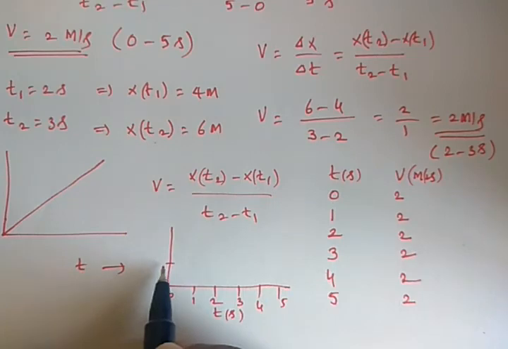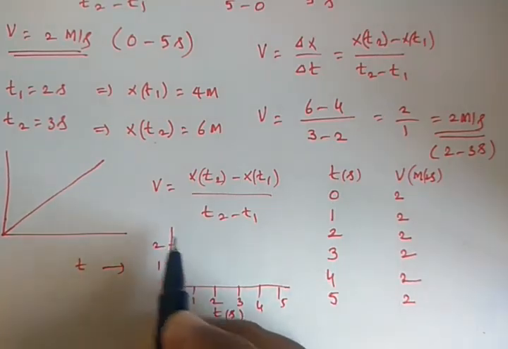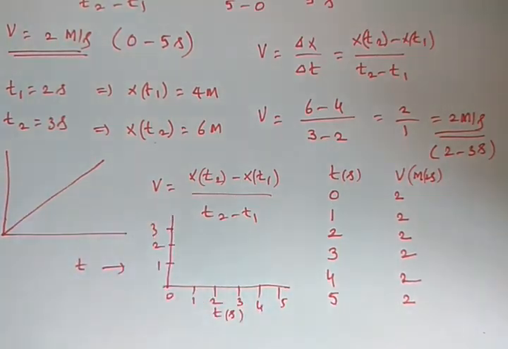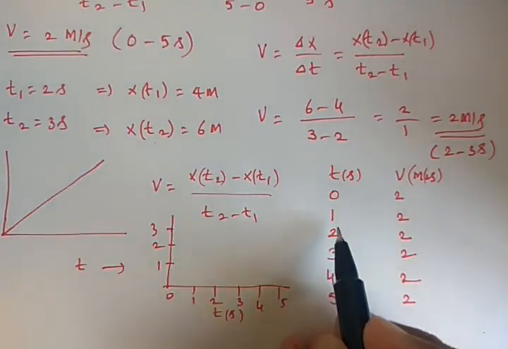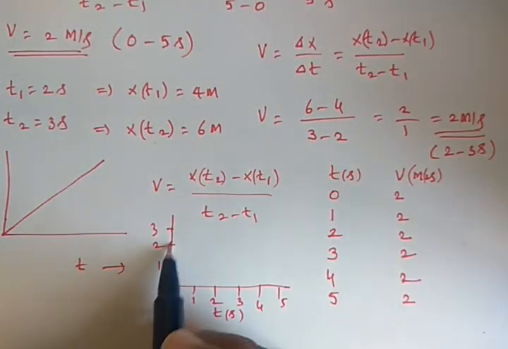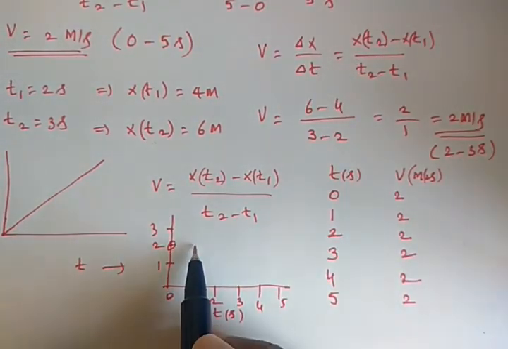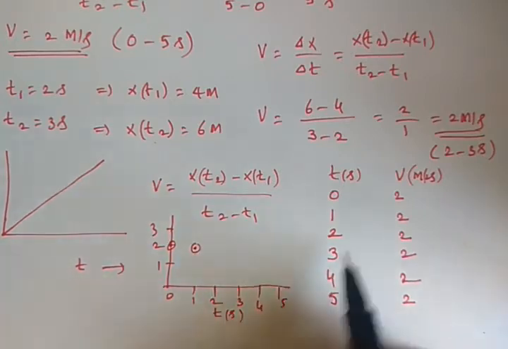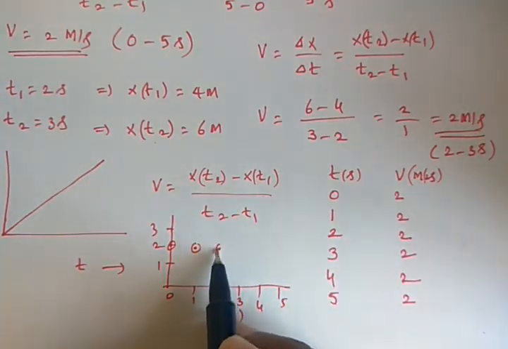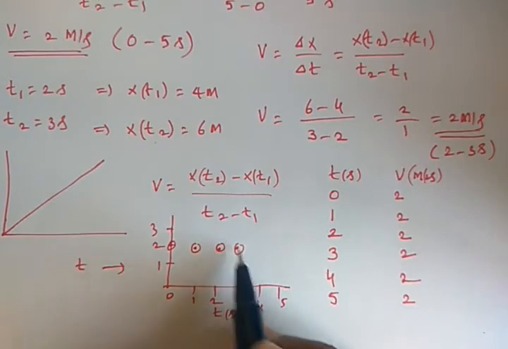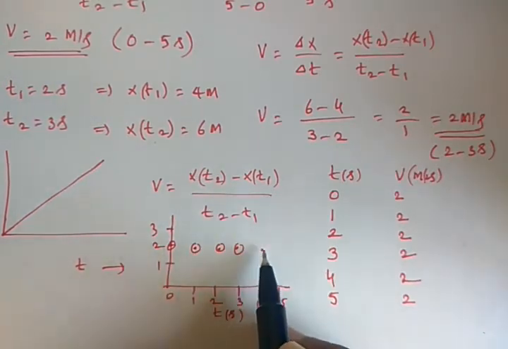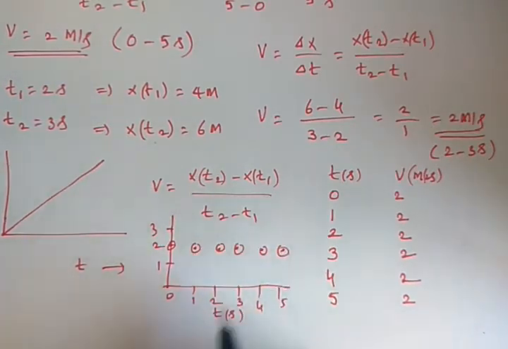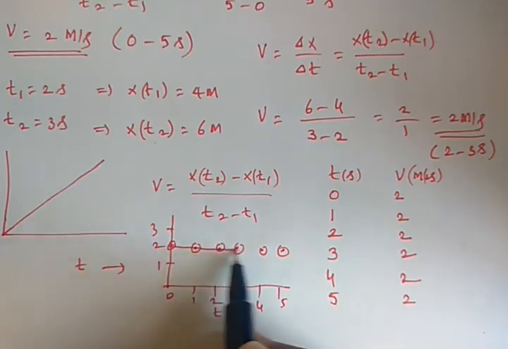Here the scale is 1 and 2 and 3 and so on. At time t is 0, velocity is 2, so here you will get a point. At time t equals 1, you get the same point. At time t equals 2, again the same. Time t equals 3, time t equals 4, velocity is the same. Time t equals 5, velocity is the same. So when you connect all these points, you get a straight line.